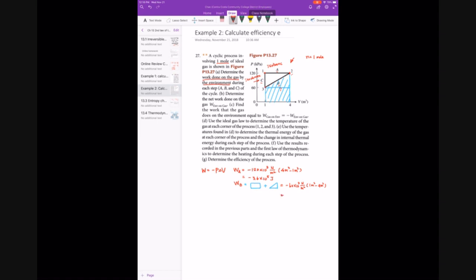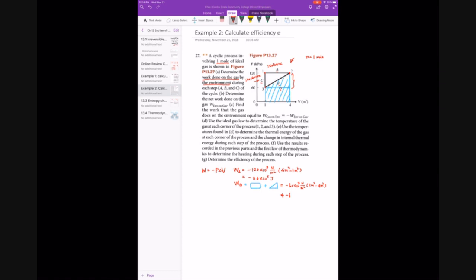Now for the triangle, it's also going to be the negative, and that will be the triangle that you look at. The pressure will be the height, the difference of the pressure.